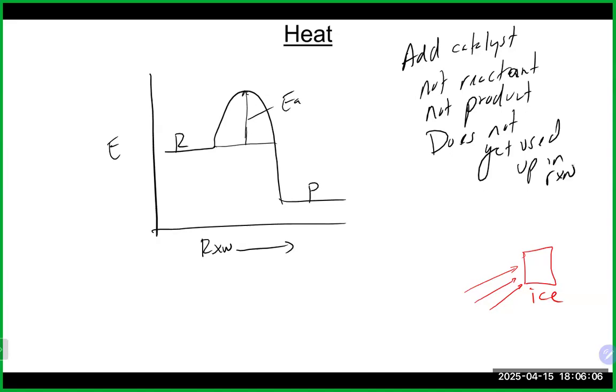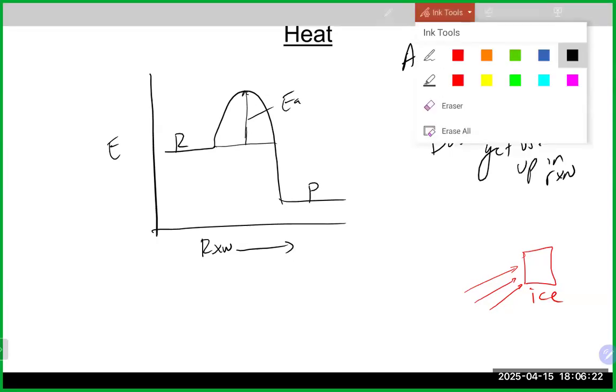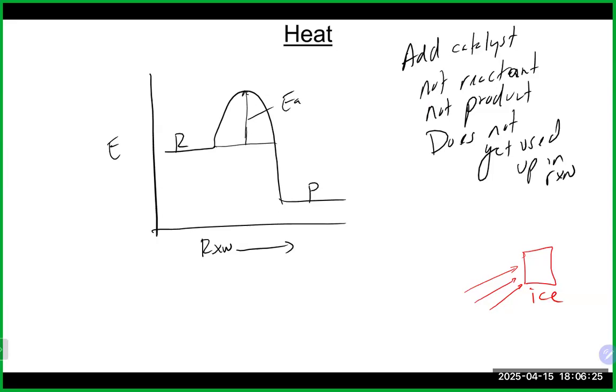Most of the time, the point of adding a catalyst is to speed up the chemical reaction. It does that by finding a more efficient pathway for that reaction to take place. In terms of our diagram, in a catalyzed reaction we are typically able to lower the activation energy by finding that more efficient pathway.